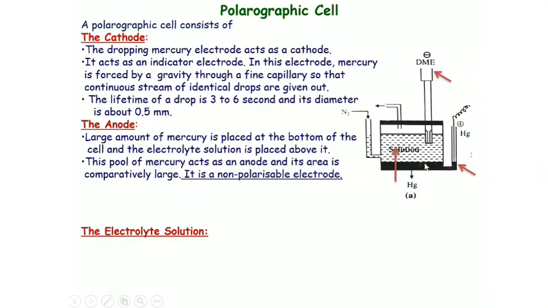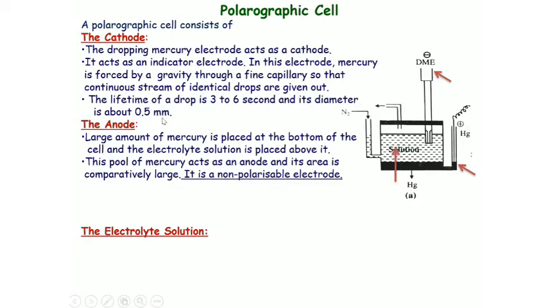This electrode is a non-polarizable electrode, and its surface area is comparatively large as compared to the surface area of dropping mercury electrode, because the drops are very small in size, and their diameter is about 0.5 mm.